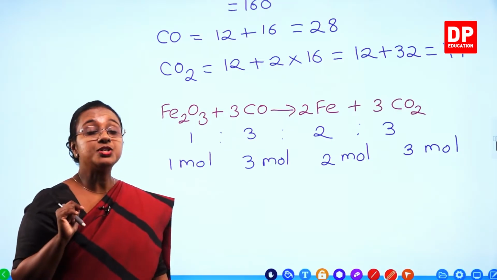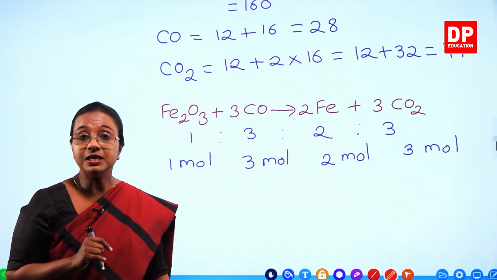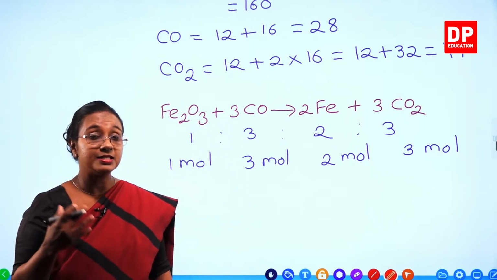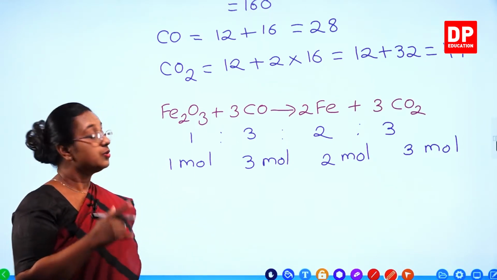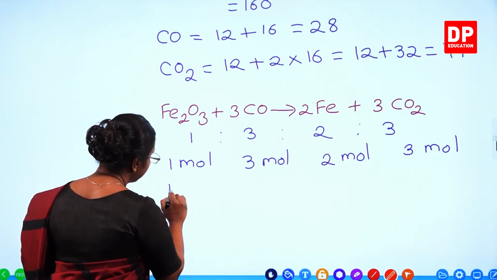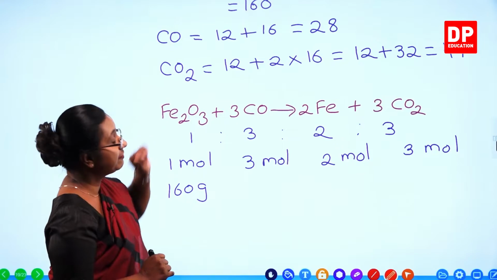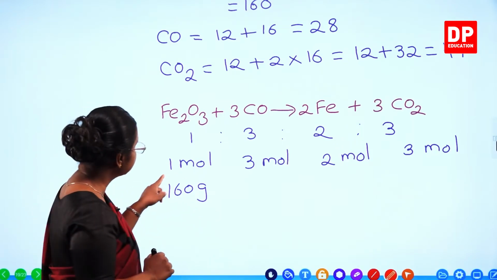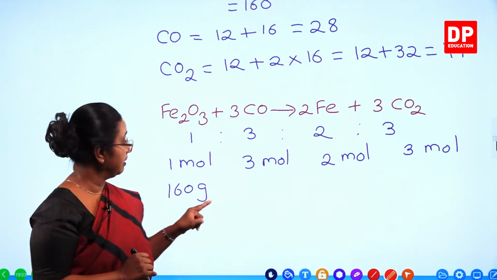So if we are to calculate the masses, we have already calculated the relative molecular mass and we know the number of moles. If we use 160 grams of hematite, because for hematite we calculated 160, so 1 mole is 160 grams of hematite.